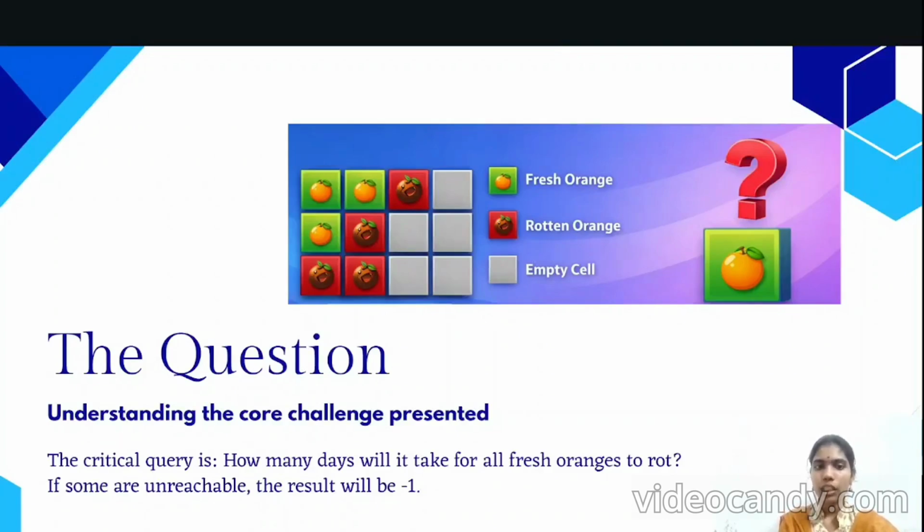But if even one orange remains unreachable, then the result is -1, meaning it is impossible to rot all oranges. This question pushes us to think about efficient traversal, simultaneous spreading and optimal use of timing. And the upcoming slides will be continued by Bhartwas.